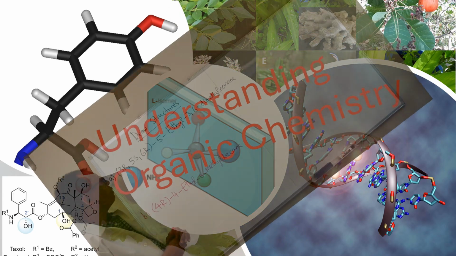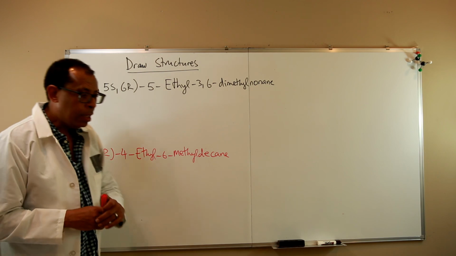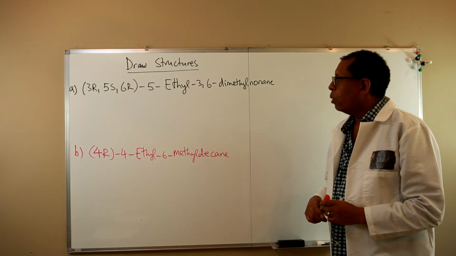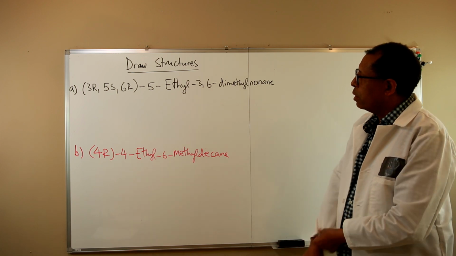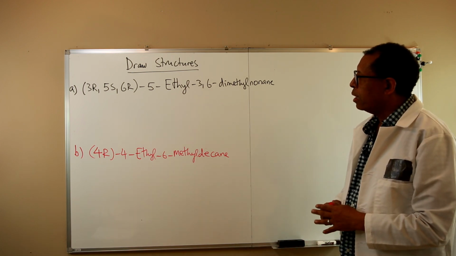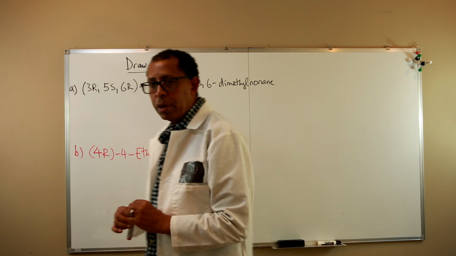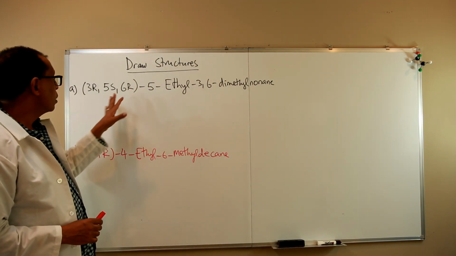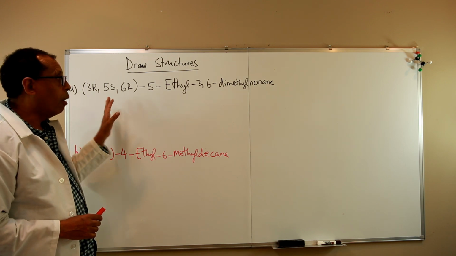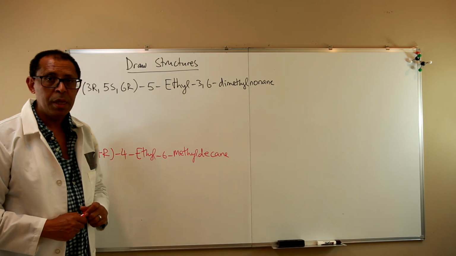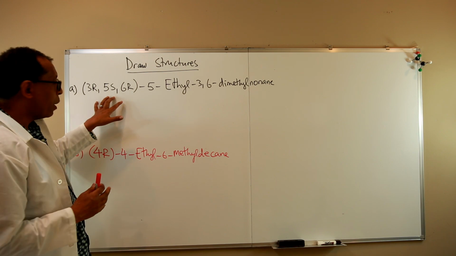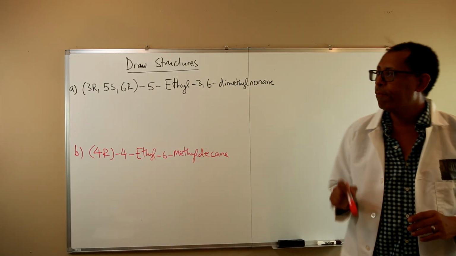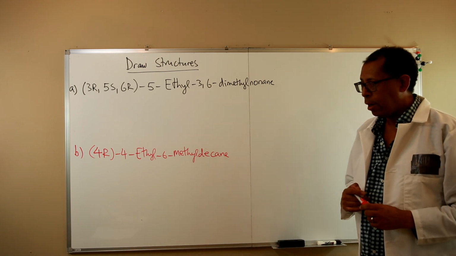Two examples for just incorporating the R and S configuration of a compound while naming using the IUPAC. One thing you should remember is always the prefix which comes first is the stereochemistry of the substituents, meaning that here in the parentheses what you see are the specific absolute configuration of that compound.